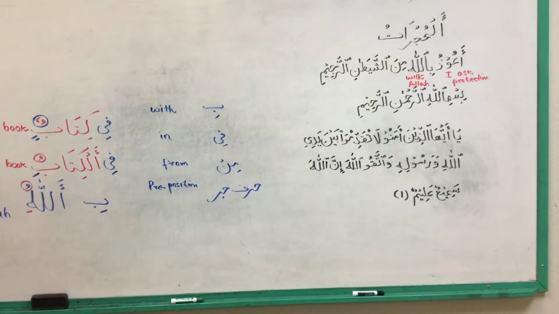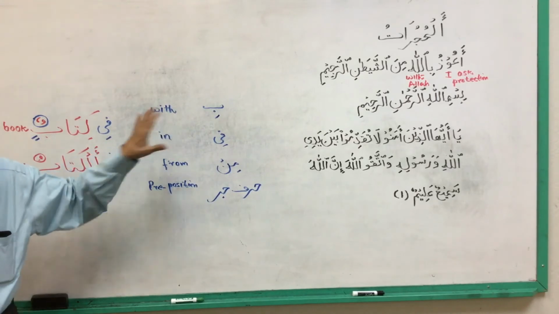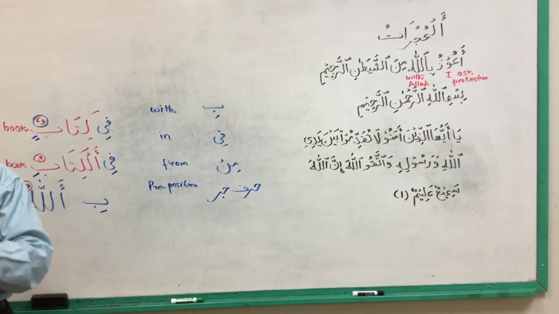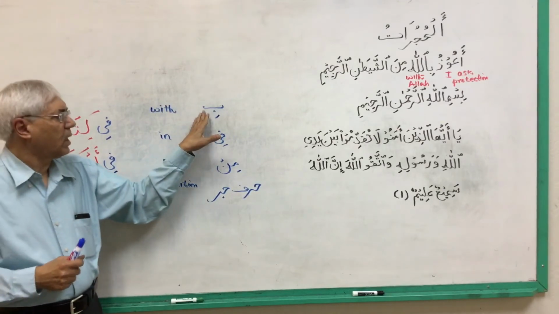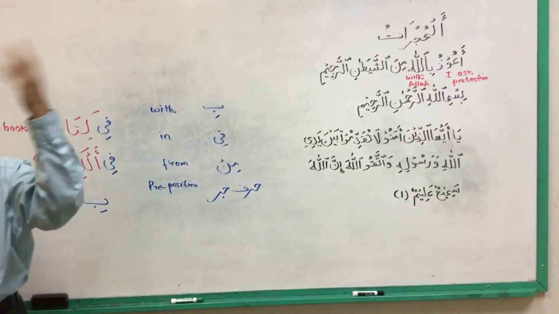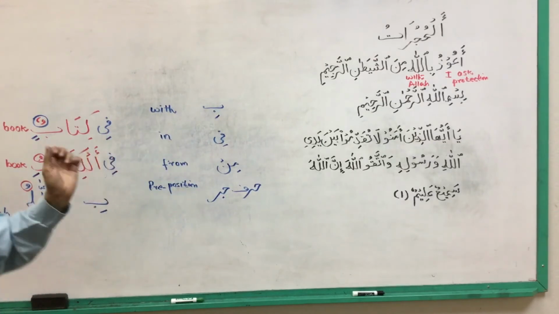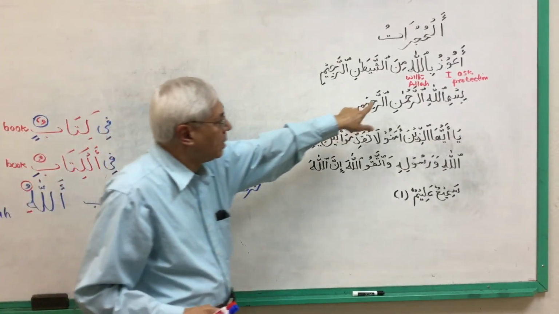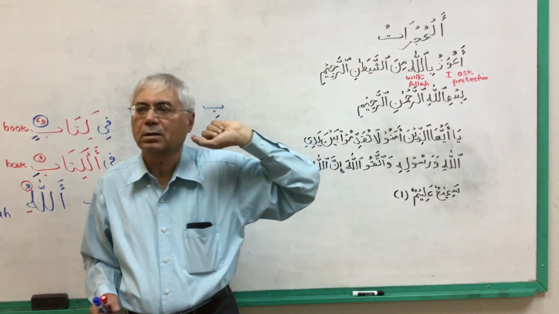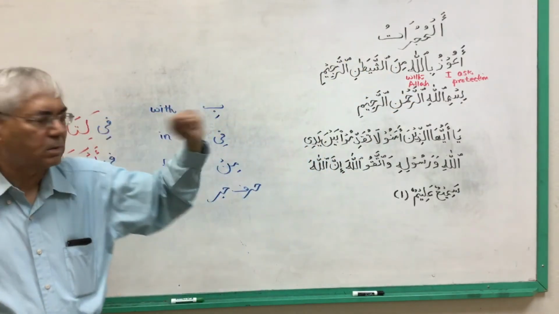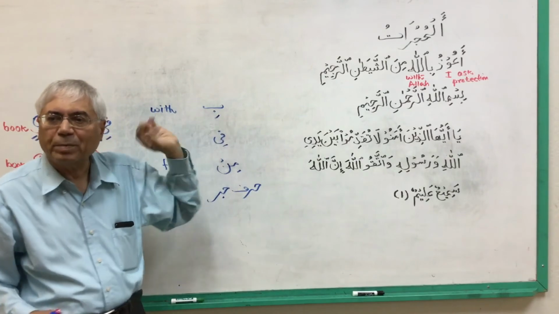So you have to be very careful. This preposition, in the English language, sometimes has multiple meanings. Sometimes be also means of or from and all that. So you have to make sure that you are seeking protection with Allah. It may have multiple meanings, so you have to pick the right meaning.